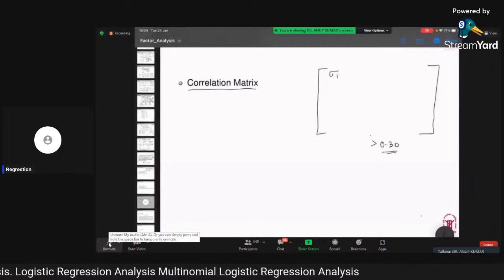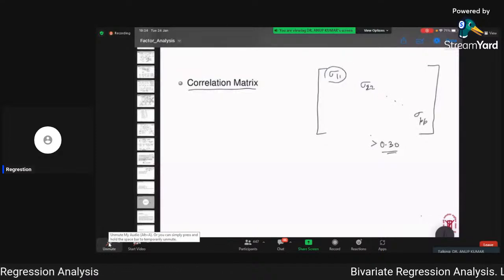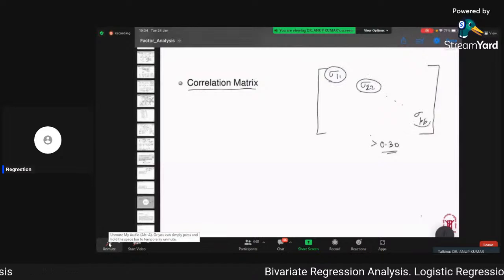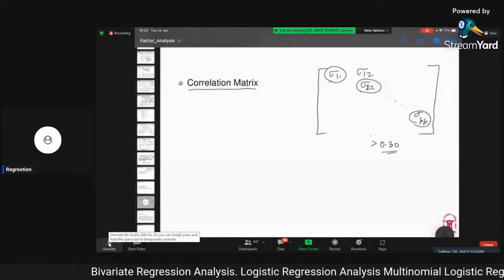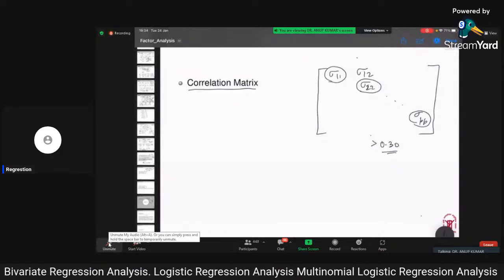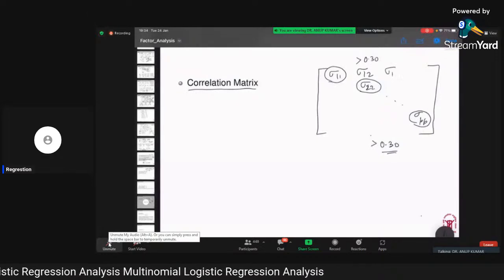Because sigma 11, sigma 22, and sigma pp are the variances, but sigma 12, the correlation between the first and second variables, should be more than 0.30. Sigma 13 should be more than 0.30.